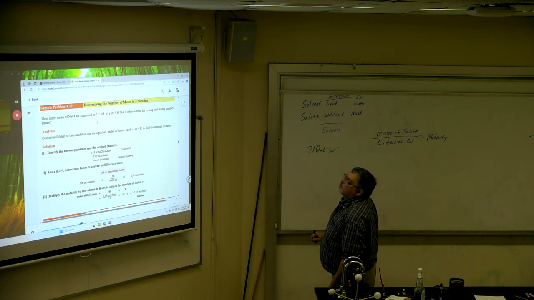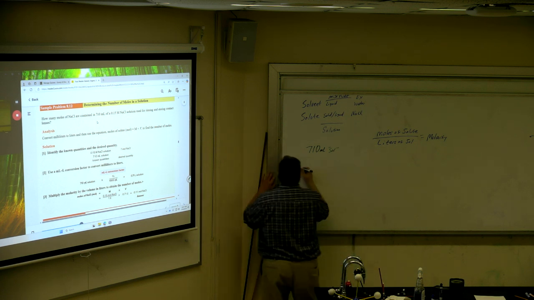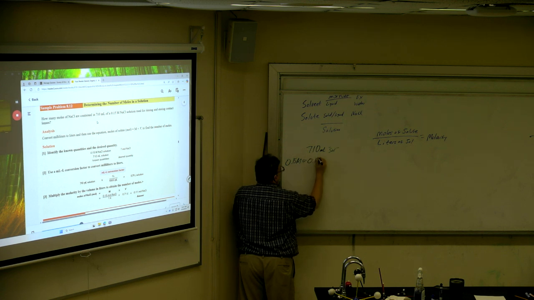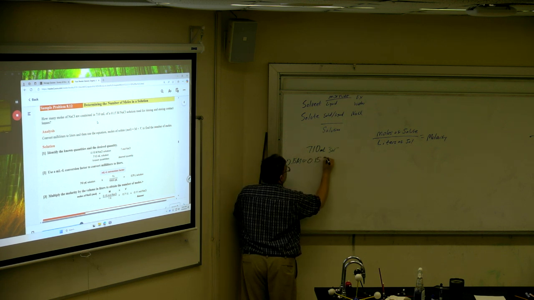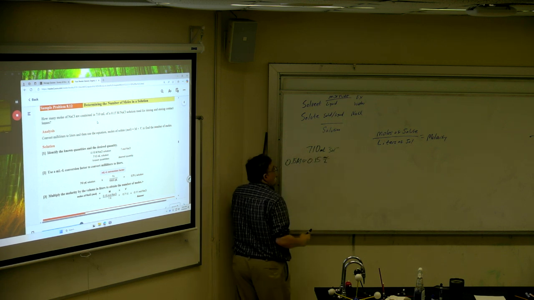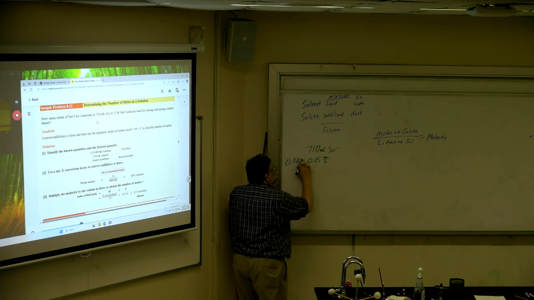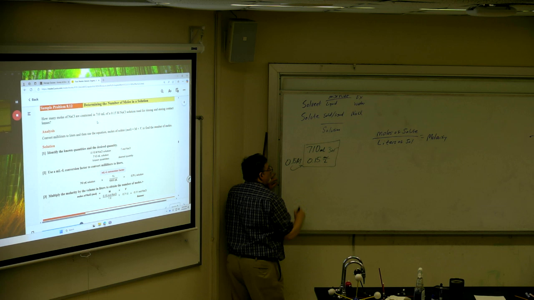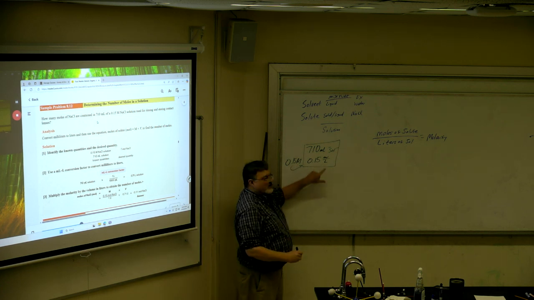That solution is 0.15 molar, which is 0.15 M, which is 0.15 moles per liter. So I just turned the M into the moles per liter.